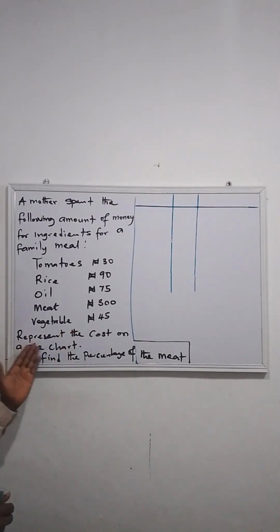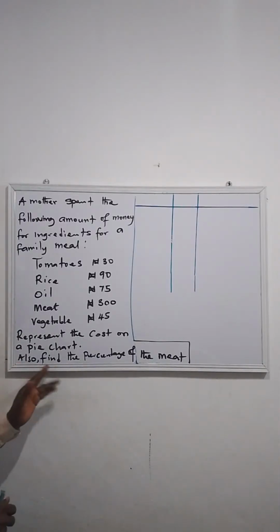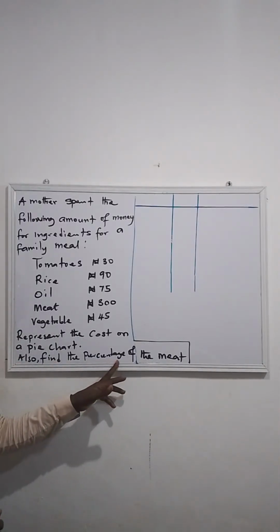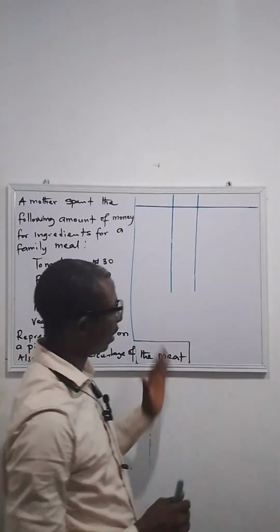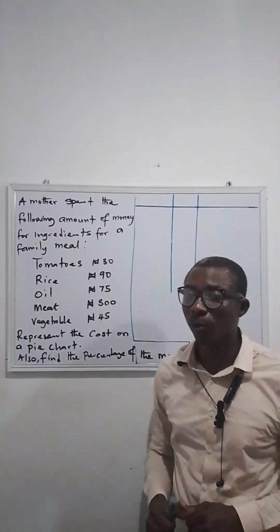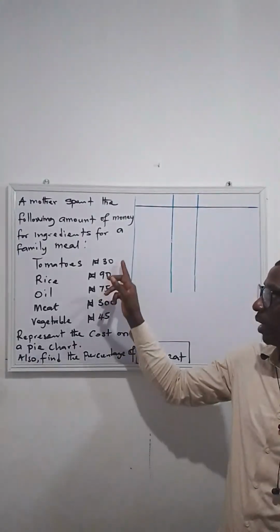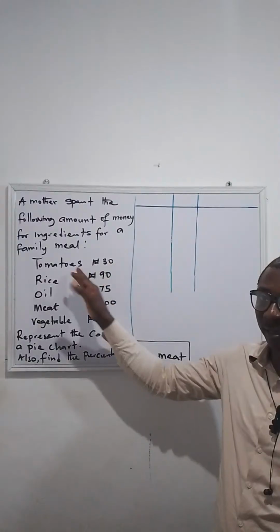The question says represent the cost on a pie chart, and also find the percentage of the meat. So how do we go about it? The first thing is to construct a table, just like what I have here. Then you get the sectorial equivalence of all these values of these items.